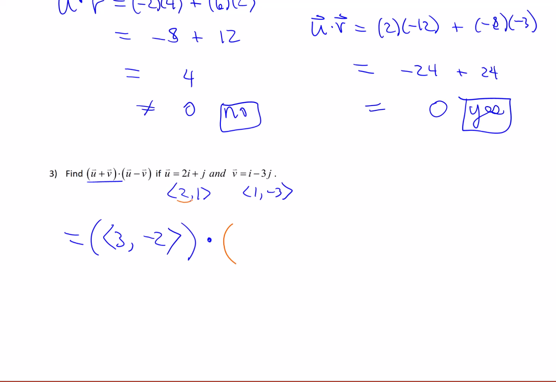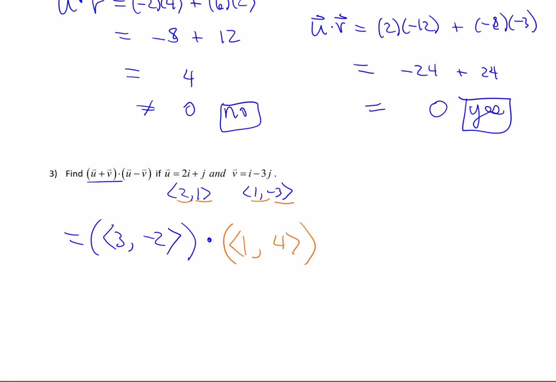So 2 minus 1 would be 1 for their horizontal component, comma, for the vertical component, 1 minus negative 3 would really be 1 plus 3, or 4. And so the component form of the difference of these vectors, vector u minus vector v, would be the vector in component form 1 comma 4.